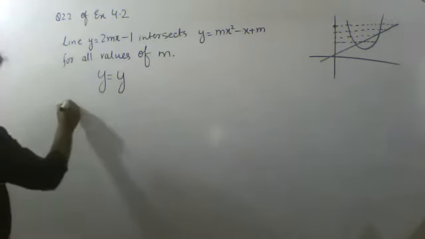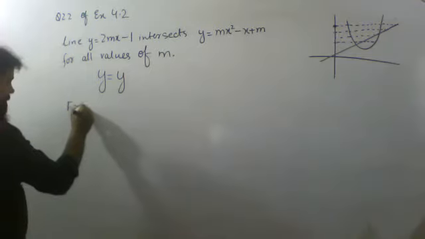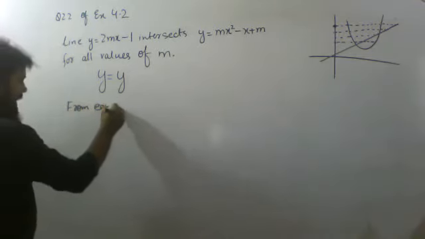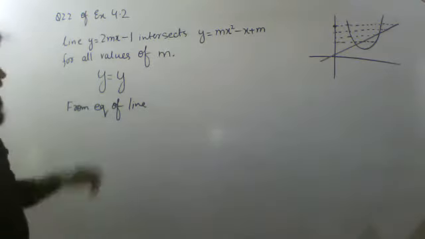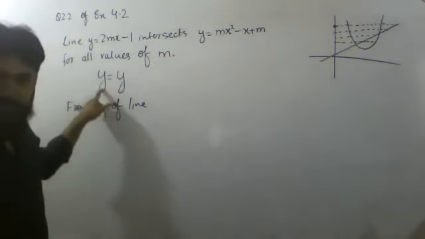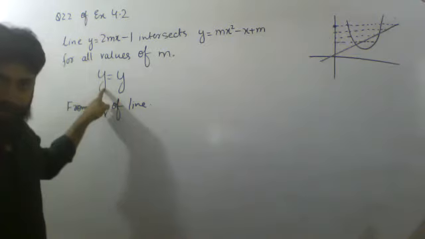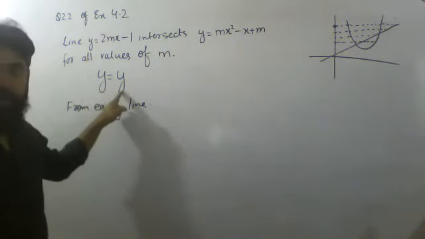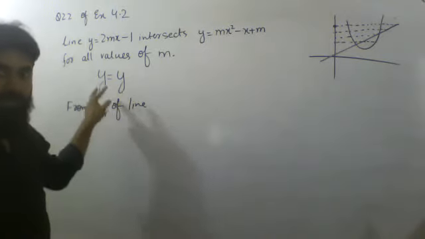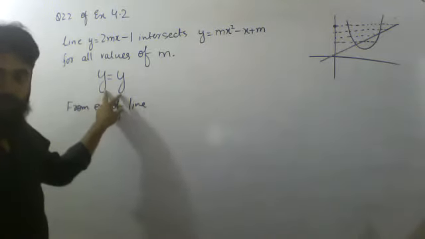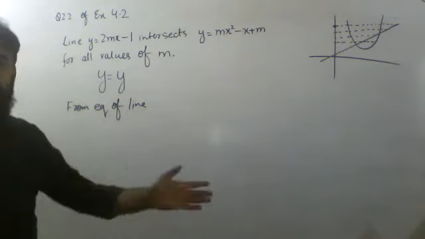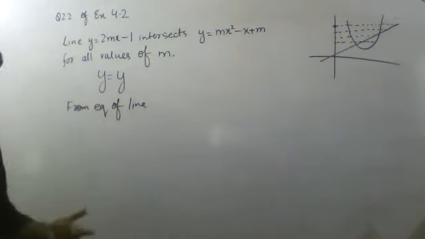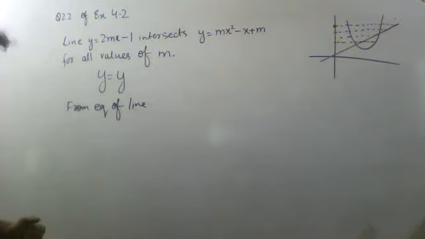You will start from the equation of line. Okay, you can also make y the subject in the equation of line and y the subject in the equation of curve, and then plot the value of y from line and from curve, and simplify as we have done in the previous question.